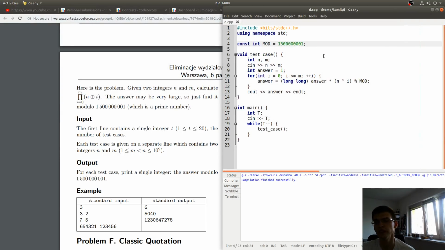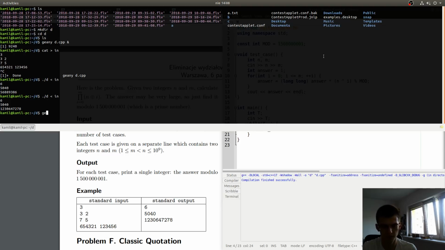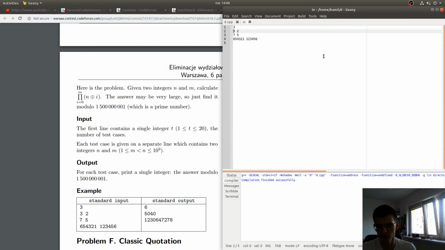Well, when it's very easy to create a max test, of course we can do it. So here, to the sample test, let's add one more test, where, for example, both n and m are 500,000.